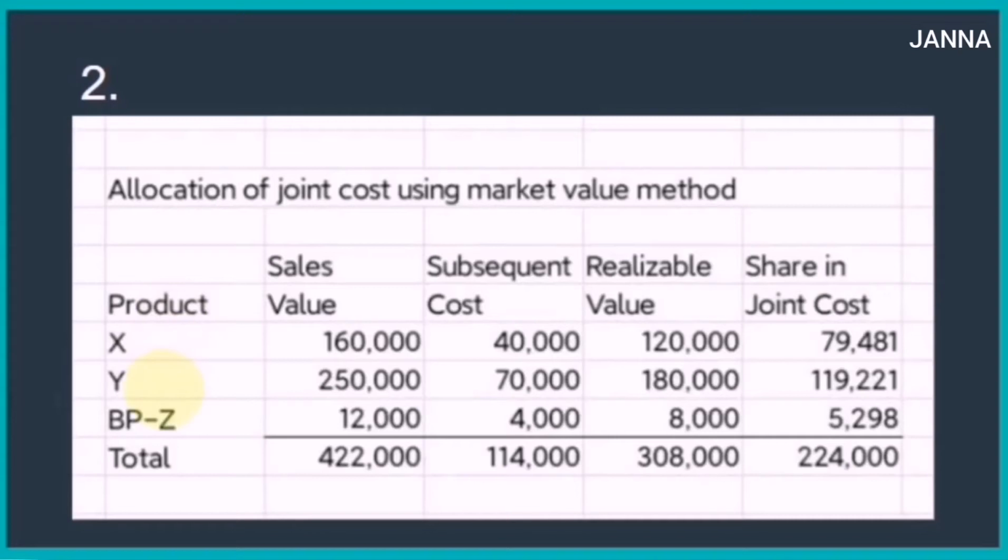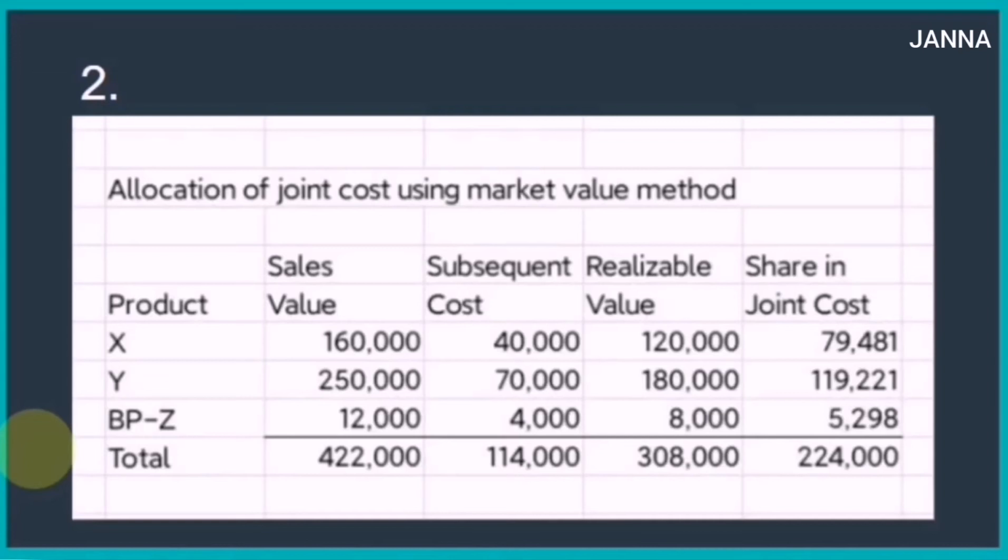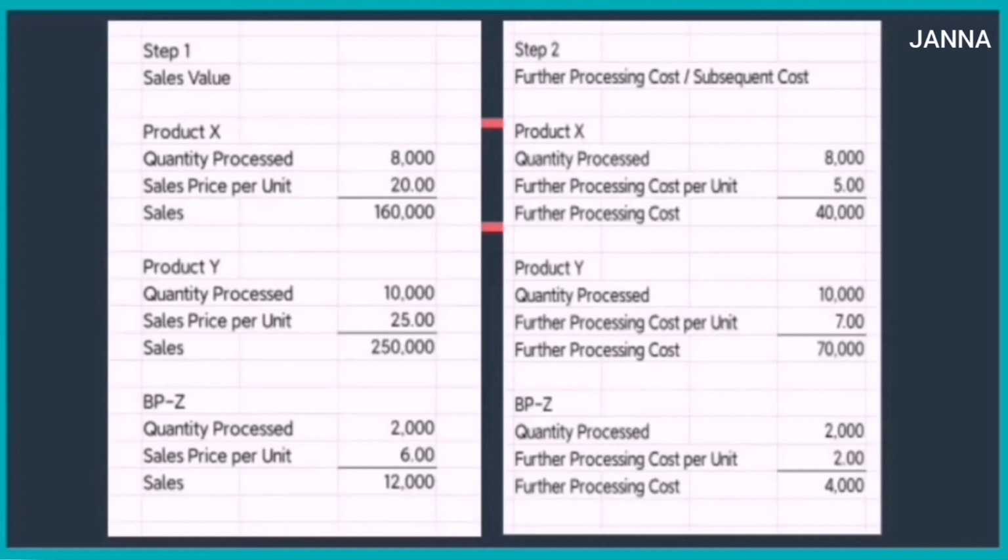For product Y naman, sales value is 250,000 pesos: quantity processed, 10,000, sales price per unit, 25 pesos. Then, byproduct Z, sales value 12,000: quantity processed, 2,000, sales price per unit, 6 pesos.